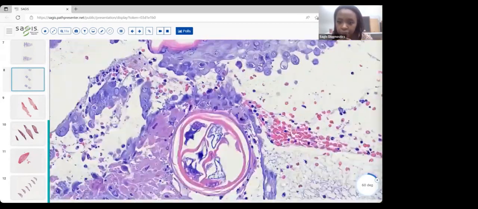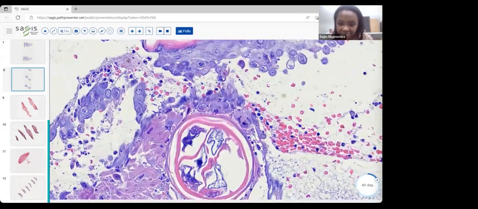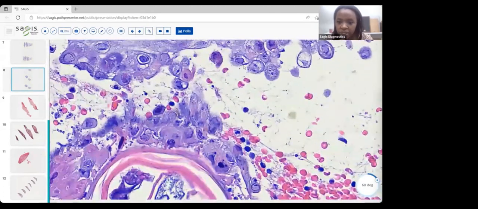Okay, so it's something that we just know happens with this particular category of viral infection. But when you're looking at the nucleus, there is this clumping of the chromatin at the edge of the nucleus, and this is called margination.